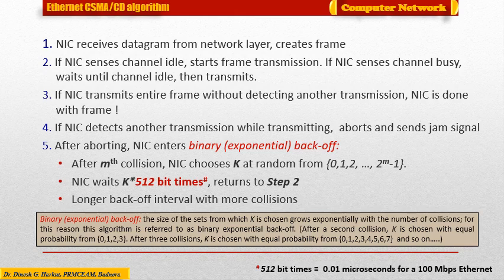For example, suppose that a node attempts to transmit a frame for the first time, and while transmitting it detects a collision. Then the node chooses k, which may be from 0 and 1 being a first collision, that is 2 raised to 1, two values. 0 and 1 are each chosen with a probability of 0.5.